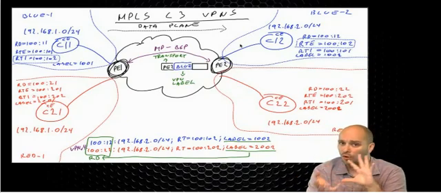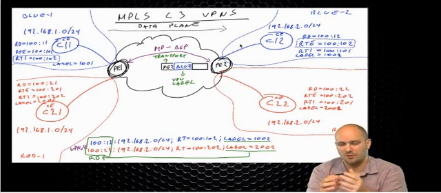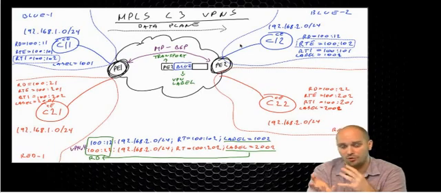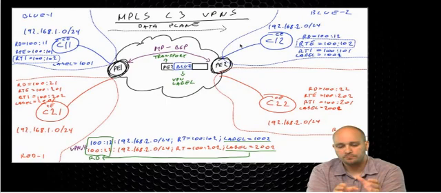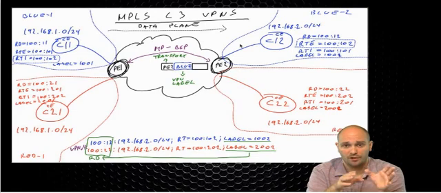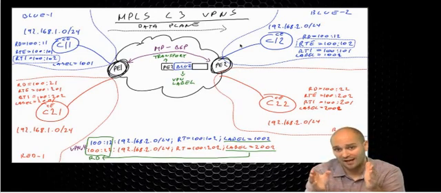Now, if you are more concerned about the memory and not so much about the throughput performance, which, depending on which hardware you use, could be the case, then in very new versions of IOS you can actually tell it to assign the label per VRF and not per route. But this is not the case in the IOS version that you will have in the lab.